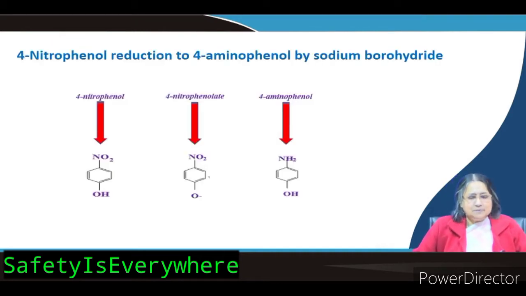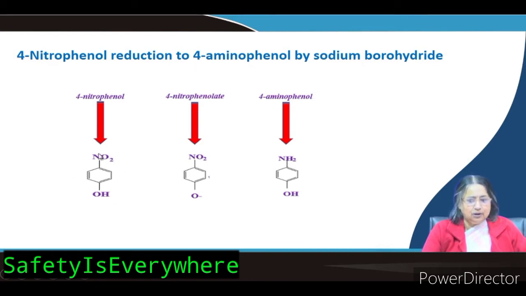Now, taking some specific example, this is a very important reaction and has now become a benchmark reaction, okay. What is that reaction? Those who are from organic chemistry background all know that this is nitrophenol. This is a benzene ring with an OH group; if there is an OH group on the benzene ring we call it phenol, and in the phenol moiety there is another NO2 group attached to the benzene ring, that is why it is called nitrophenol. Now, instead of nitro group, if there is amino group, then it is called aminophenol.